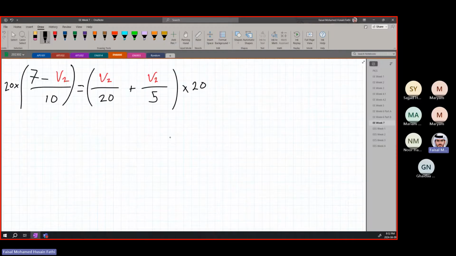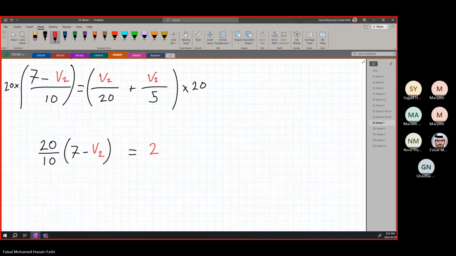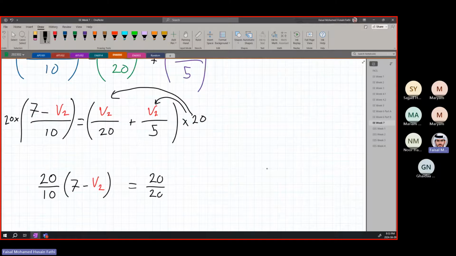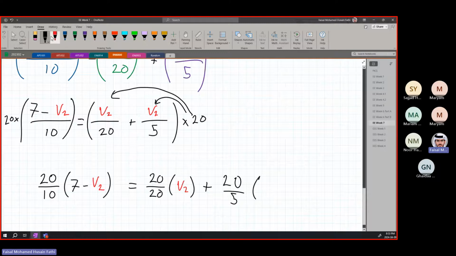So it's going to be 20 over 10 times (7 minus V2) is equal to 20 over 20 times V2 plus 20 over 5 times V2 again.